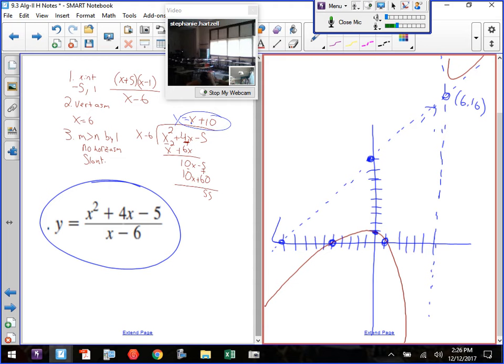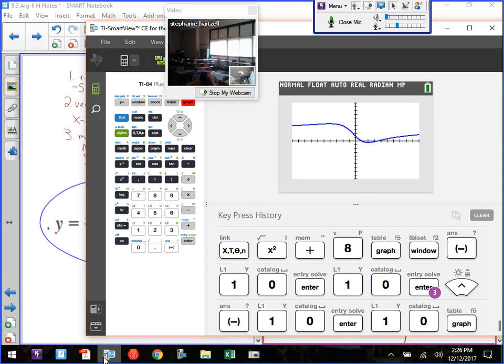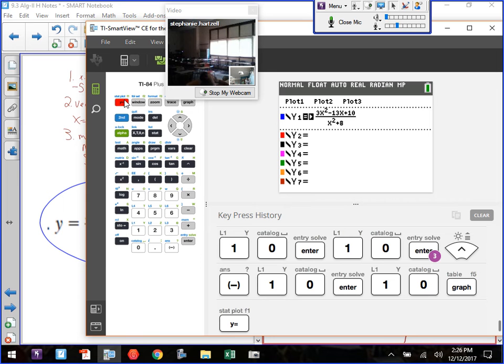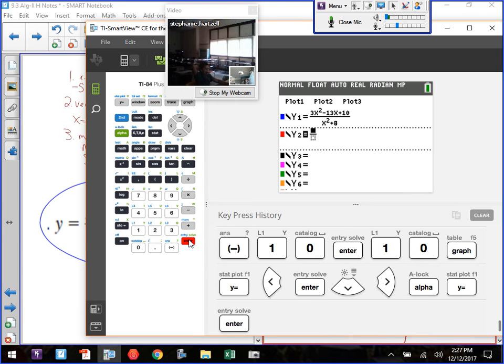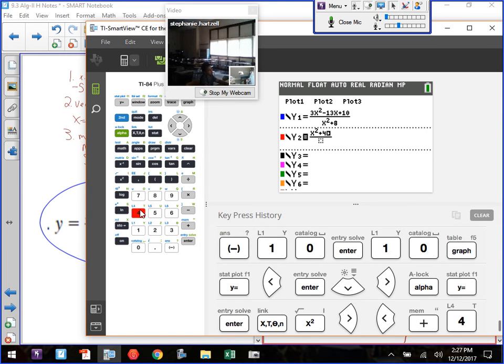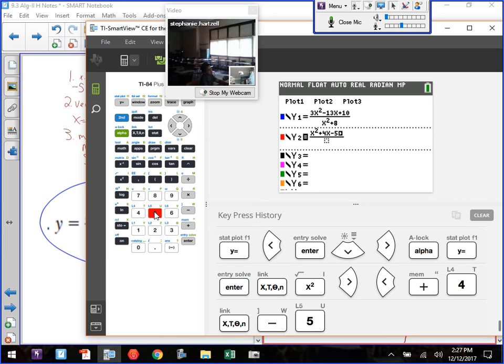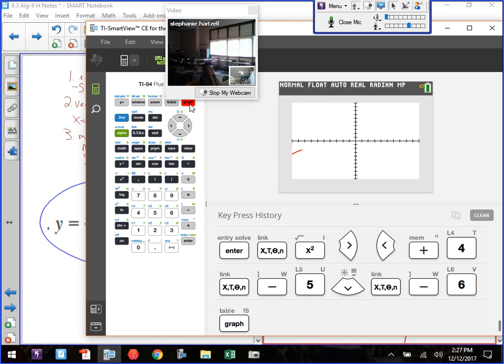Because this curve, I think I have it saved in my calculator. Minus 6, thank you. It's coming up and dives, and you won't see it until I change the window here.